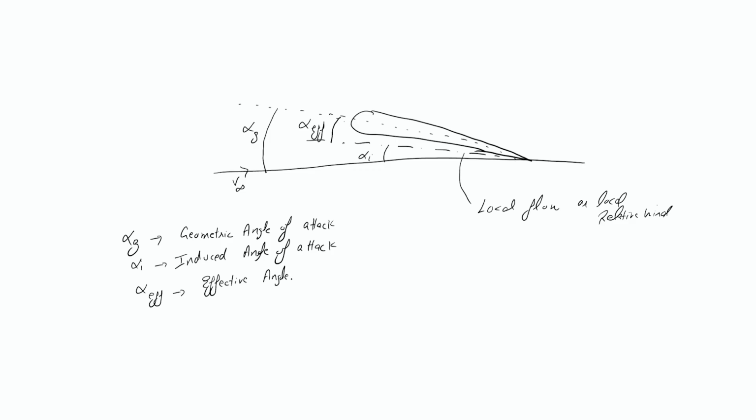So alpha G equals alpha I plus alpha effective. Alright. So now your alpha effective is alpha G minus alpha I.